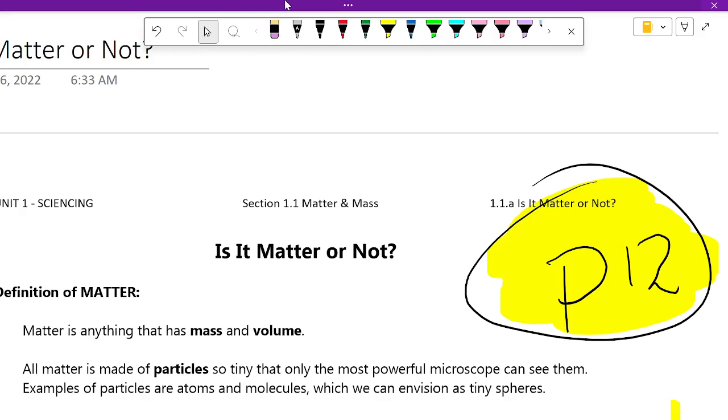It also has to have volume. Do you guys know what volume is? The amount of space it takes up.